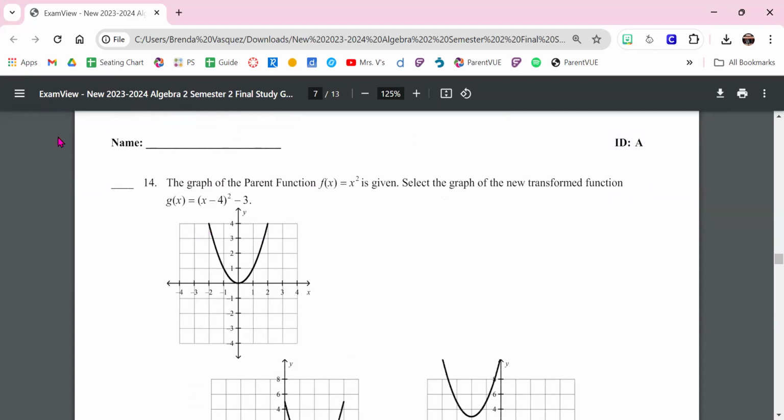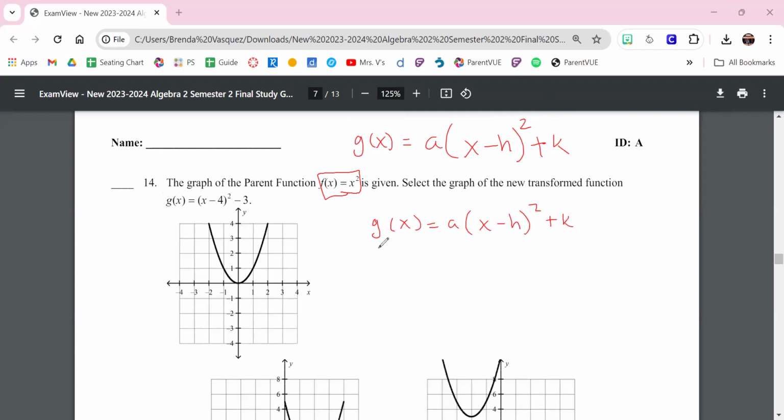Very similar to how we had our transformations: g of x equals a times (x minus h) plus k. This time my parent function is to the power of 2, so this is going to have a power of 2. Now, let's compare and contrast. g of x equals a(x minus h) squared plus k.